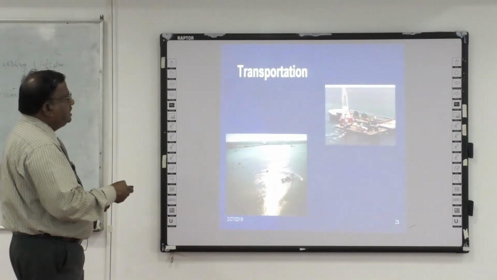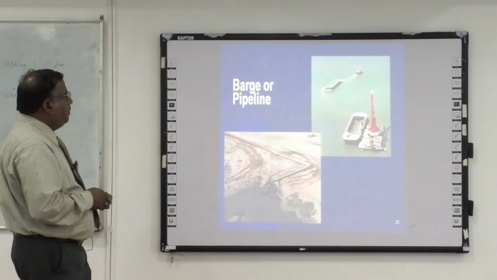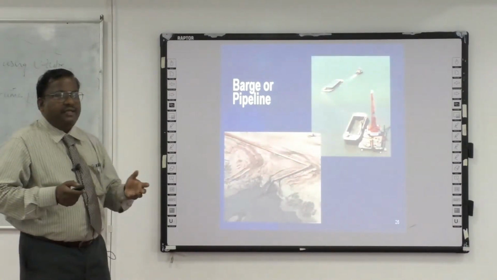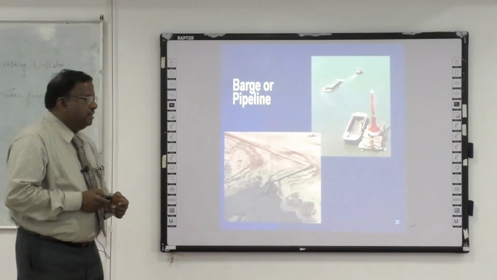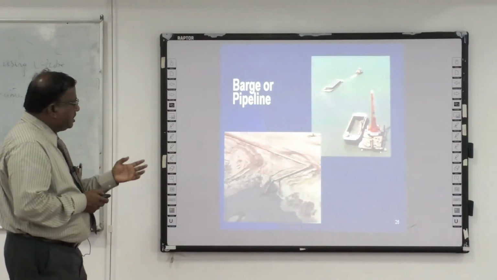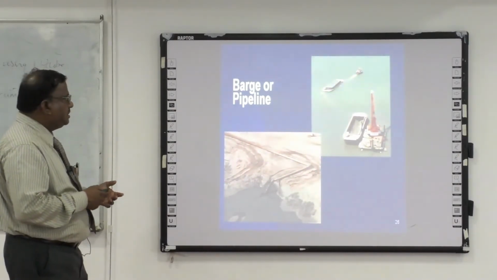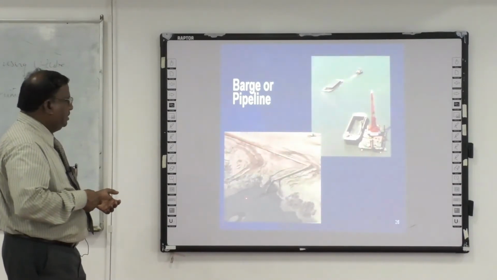Here it is also transported through the barge. So there are two aspects in transporting the dredged material: a barge or a pipeline. The dredged material is transported from one place to another depending upon the convenience and the condition. Here we can see it can be transported through the pipeline.